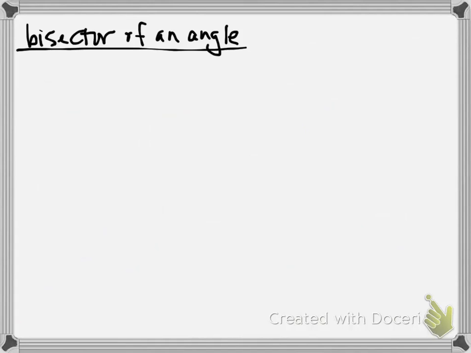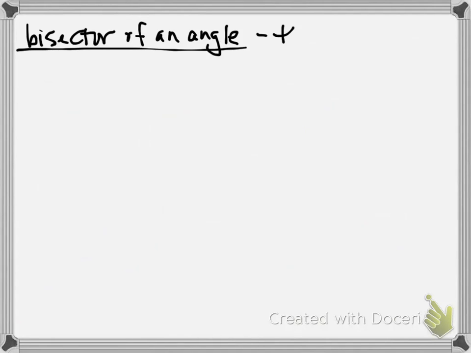Okay, the last word we have is bisector of an angle. And the bisector of an angle is like a midpoint of a segment.